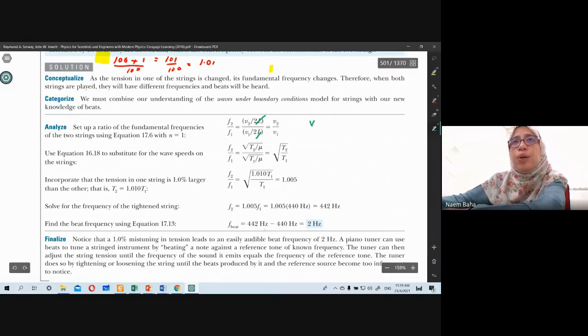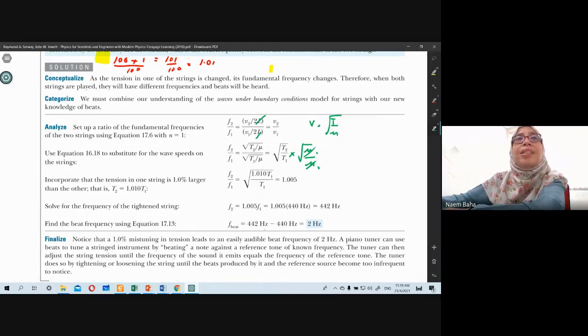And v alone is the square root of tension over mu. Remember that their mu is similar, so this expression is actually the square root of mu divided by the square root of mu of the first and second. But they are of the same value, so that's the reason why they are cancelled out, leaving only the square root of tension divided by tension.